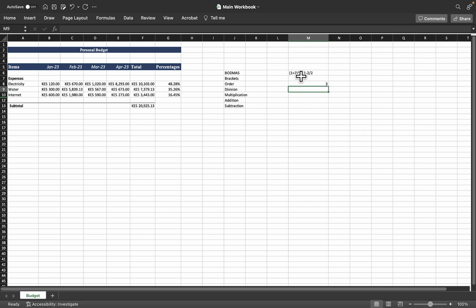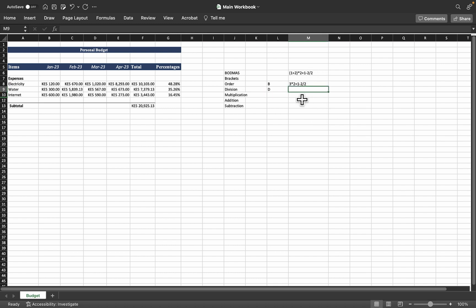After that we don't have any order, so this is going to be 3. So 3 times 2 plus 1 minus 2 divided by 2. Next we do division, which is 2 divided by 2, that is 1.